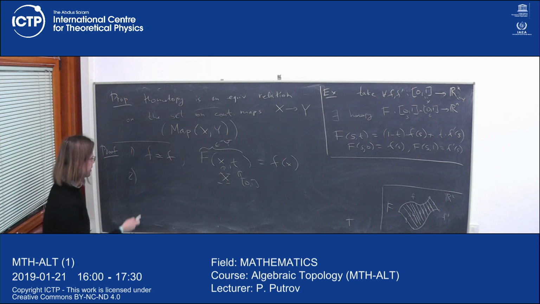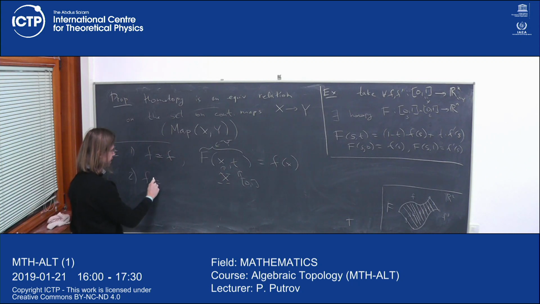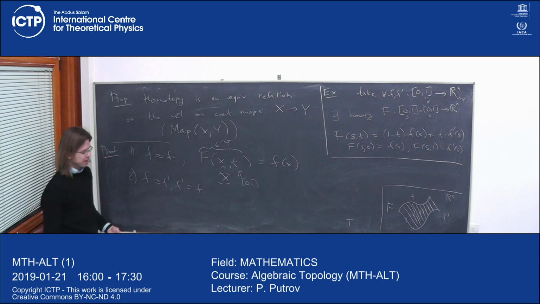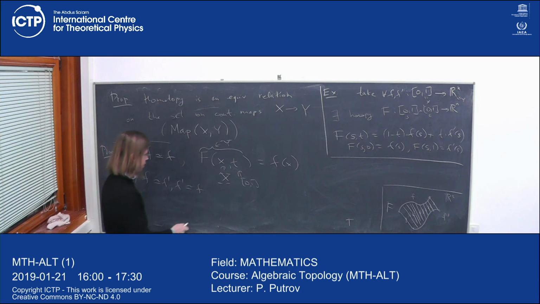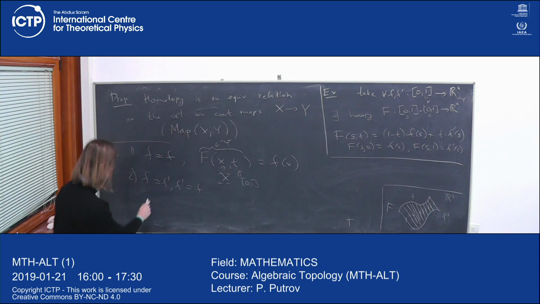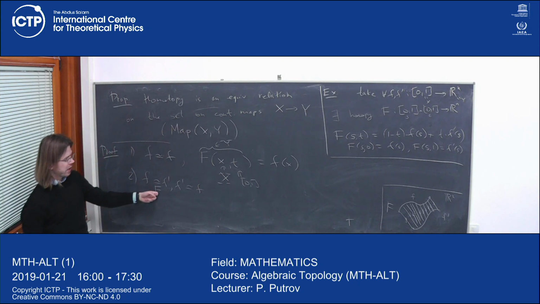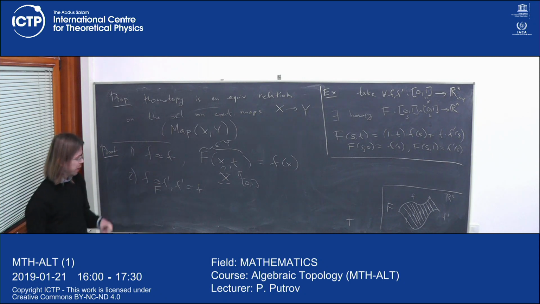The second is symmetry. If f is homotopic to f prime, then f prime is homotopic to f. This is also more or less obvious. Suppose my function F realizes a homotopy between f and f prime.